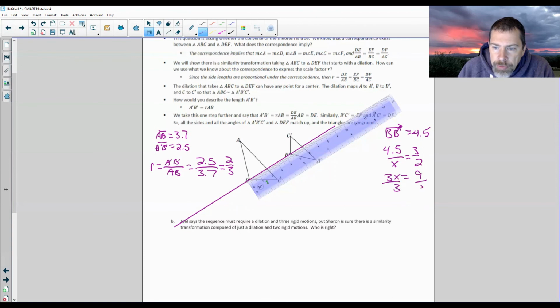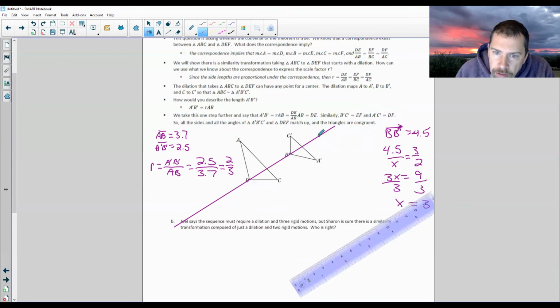Divide both sides by 3, and we get x equals 3. So if this is 4.5, then I want my point of dilation to be 3 away from B prime. So if B prime is at 4.5, 3 would be 7.5, which is right here. So that should be my O.